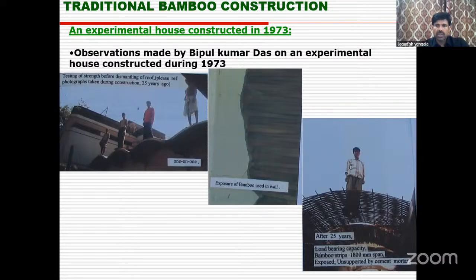It is unsupported by cement mortar. That means when you use bamboo properly, utilizing its potential, you can definitely make wonderful structures. This case study can easily tell that story.